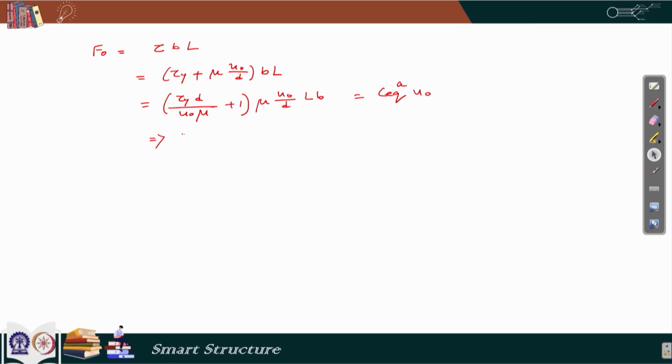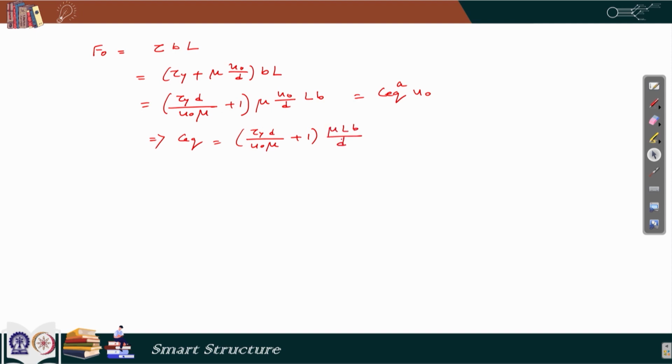On doing that we get C equivalent as tau y d by u 0 mu, plus 1, multiplied by mu L b by d.